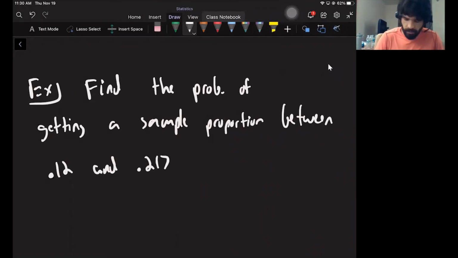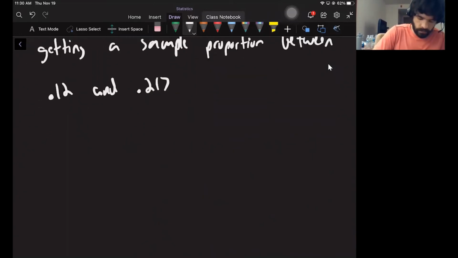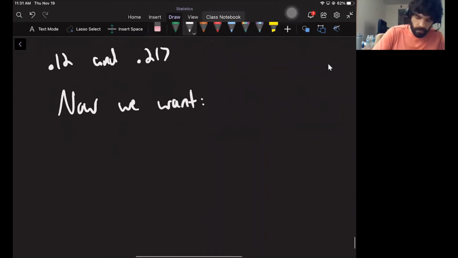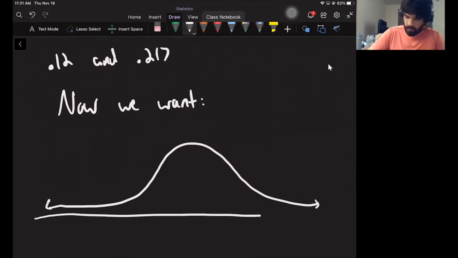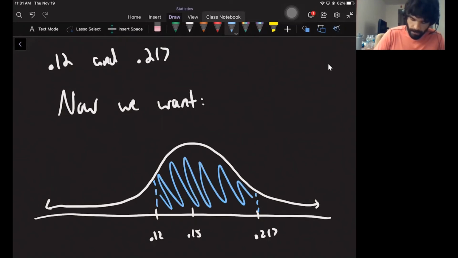So we already found areas to the left of both of these. So this is really just an example of how to find area between two things. We already did all the hard work. So we're still on the same normal distribution. 0.12 is around there. 0.217 was around there. So now we're trying to find this area.